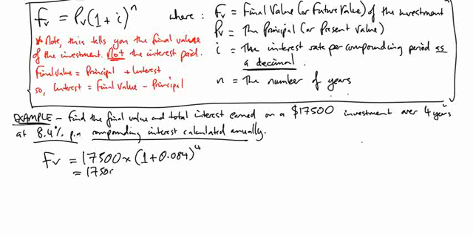Alright, so let's see what we need to do. BEDMAS tells me you need to work out the bracket first, so this is going to be 1.084 to the power of 4. BEDMAS also tells me I need to deal with exponents first, so we need to work out 1.084 to the power of 4, which is going to be 1.38. That's to 2 decimal places, so I need to say it's approximate there.